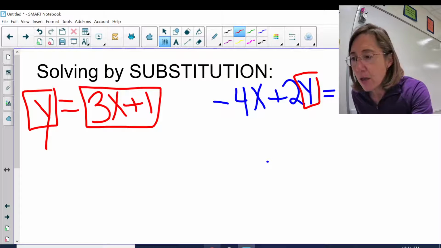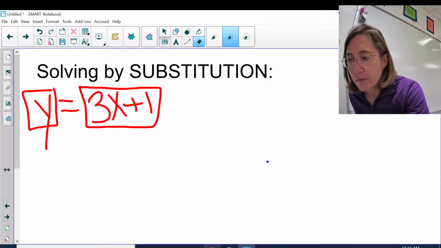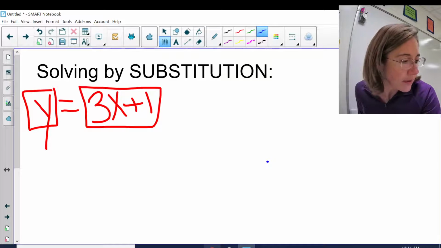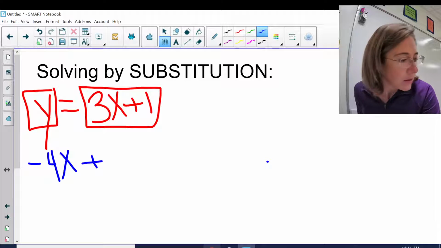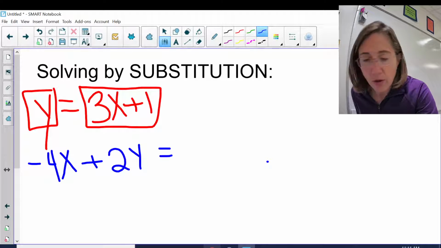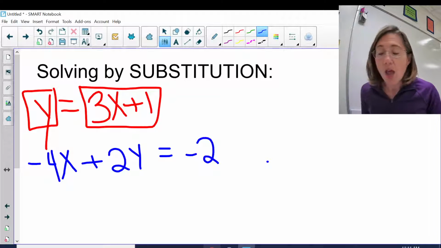So let me rewrite that real quick. Let's put it here. It was negative 4x plus 2y equals negative 2. Sorry about that. I forgot where my picture was on this.